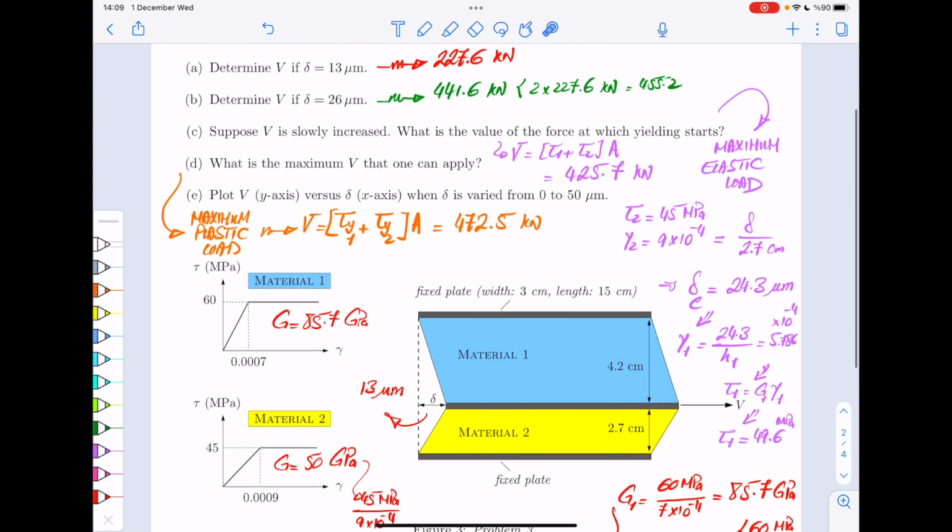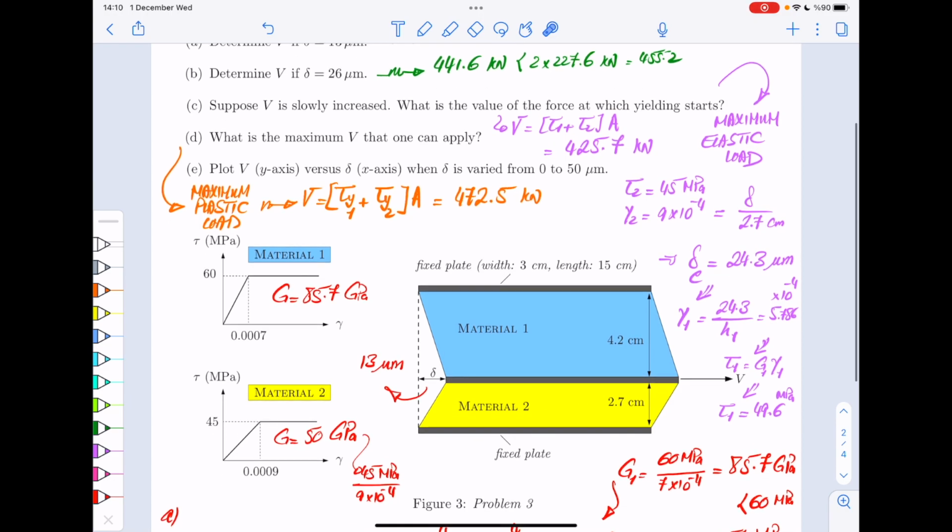The last thing the question asks you is plot V versus delta, when delta is varied from 0 to 50 micrometers. Okay, so you can do this. Before doing that, by the way, I want to just tell you how much delta you need for this. In order to know what is the delta for that one, we need to use this, right?